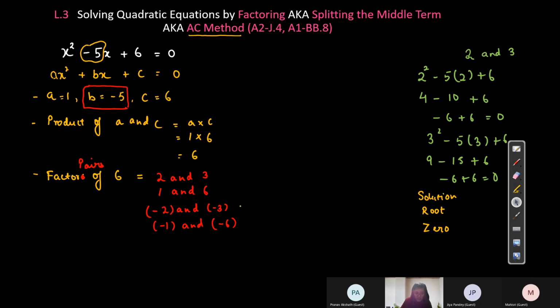If you look at this pair, negative 2 and negative 3, and you add them, negative 2 plus negative 3, you get negative 5. So you have to pick that factor pair which gives you the b coefficient, the coefficient of x, once you add them. Is this step clear to everyone? This is the most important step.